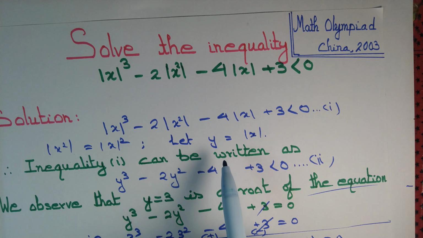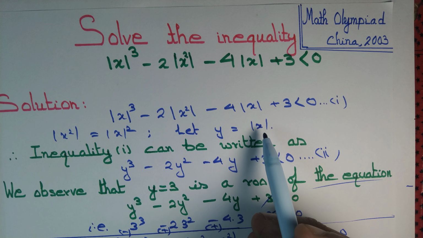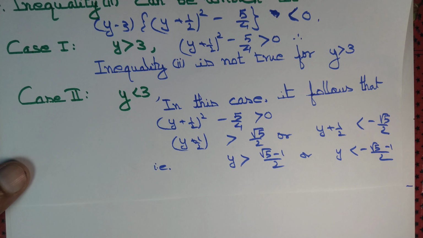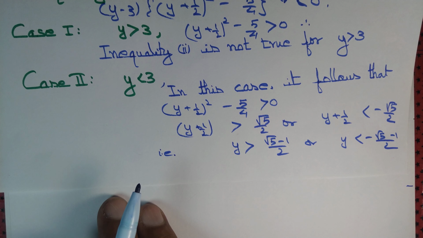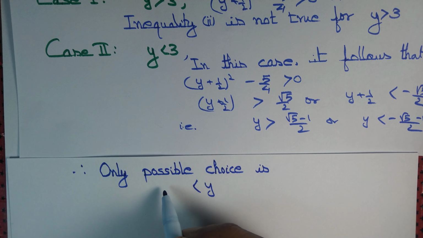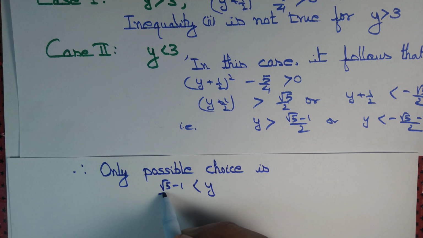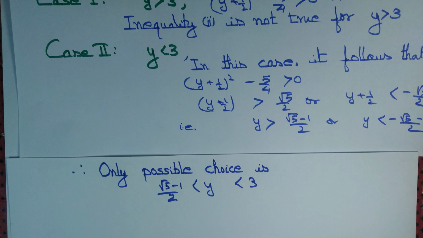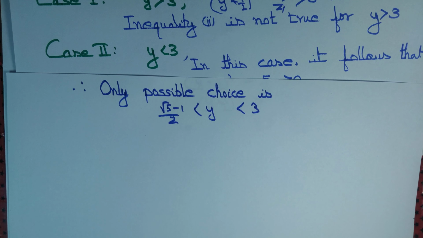But we have taken y equal to mod x, that is greater than or equal to 0, and here in this case y is less than minus root 5 minus 1 by 2. That's not possible. Therefore the only choice is y is greater than root 5 minus 1 by 2 and less than 3. And we see y equal to mod x, right?